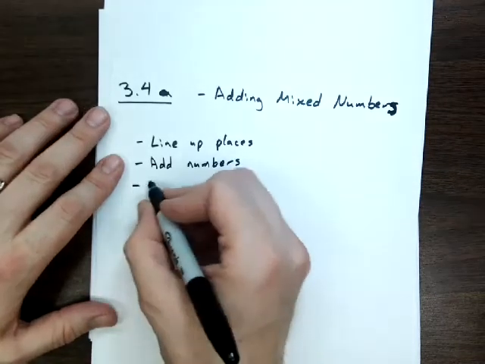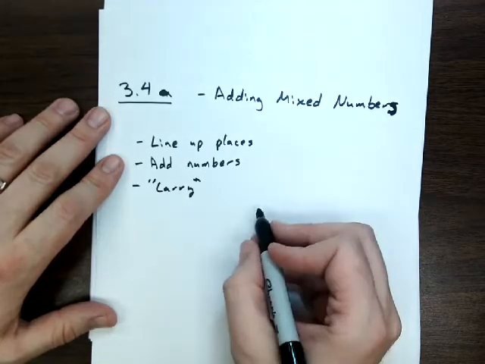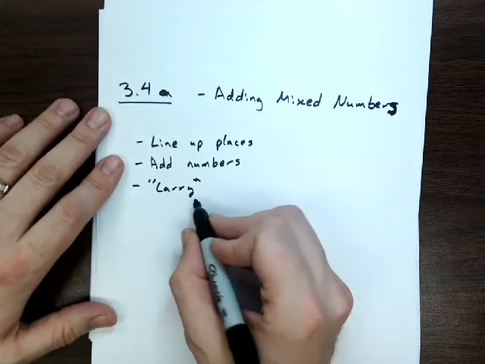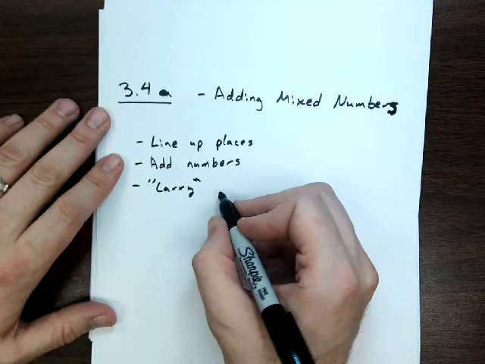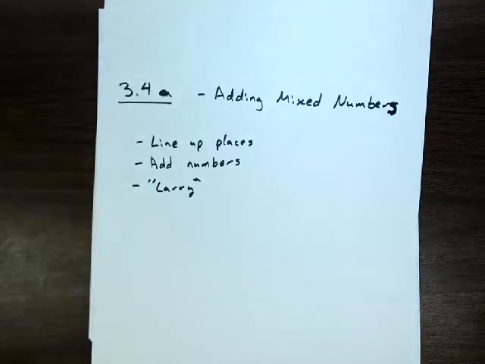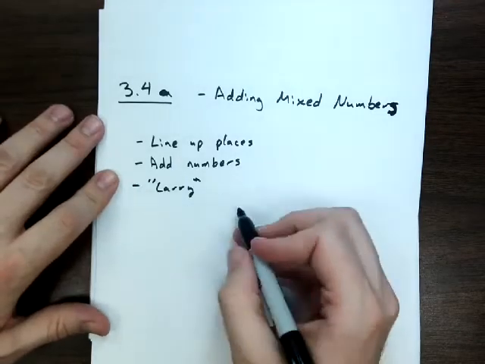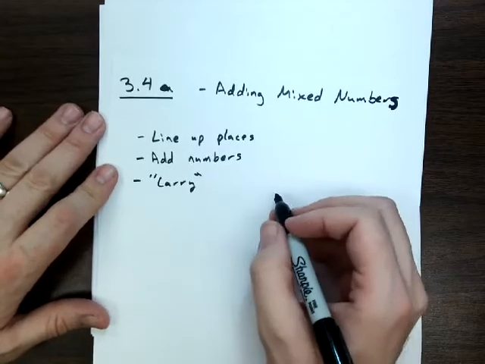And if we need to carry with our fraction, that's going to look a little bit different than it would with whole numbers. So this is where it's going to get interesting when it comes to working with mixed numbers. Let's show you what this is going to look like.